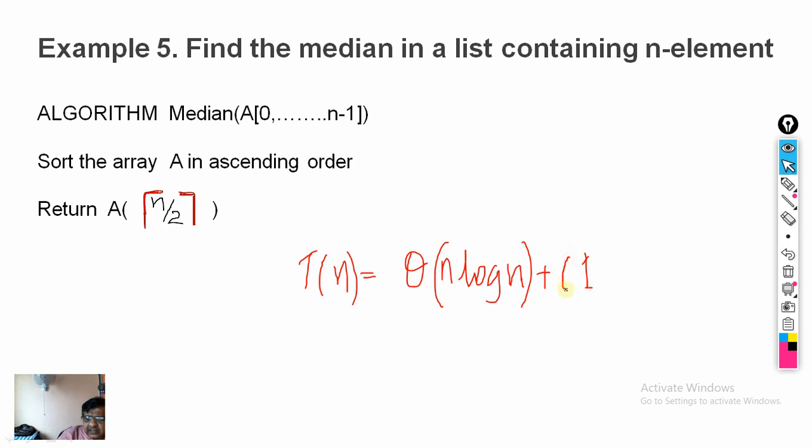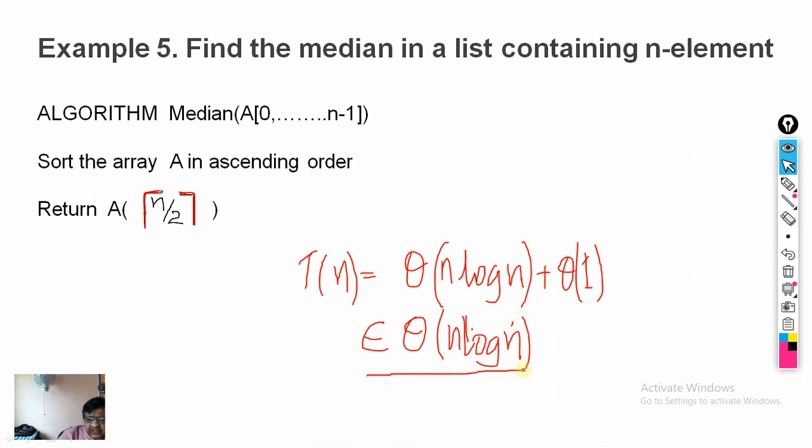It's a constant case complexity, theta of 1. Therefore finding a median in a sorted array falls under big theta of n log n. So this is the advantage of having thought our solution process on lines of transform and conquer.